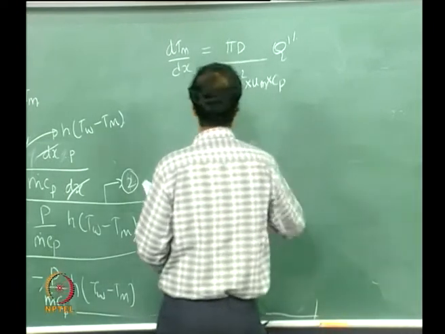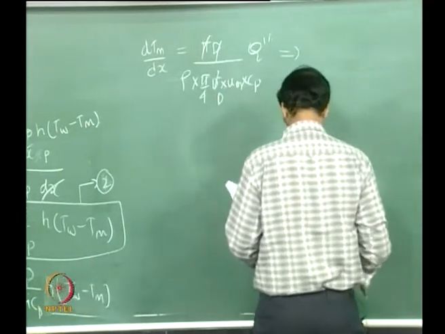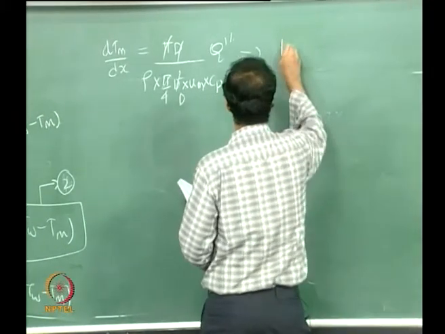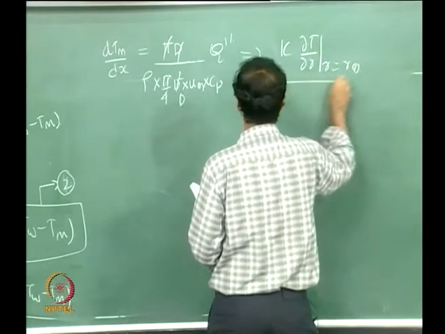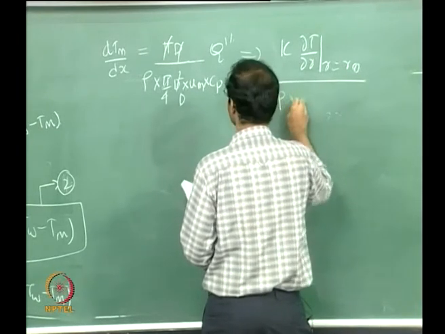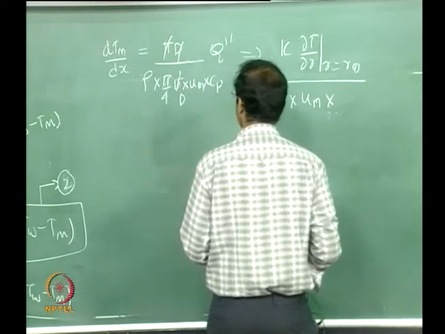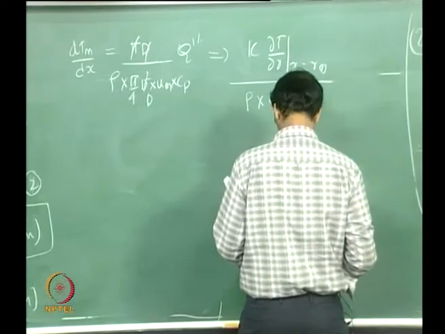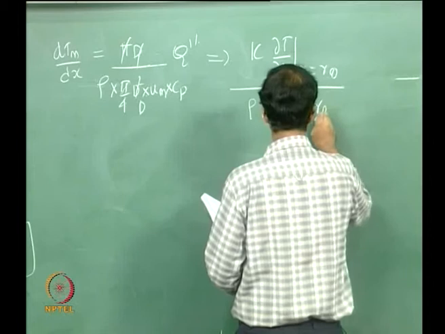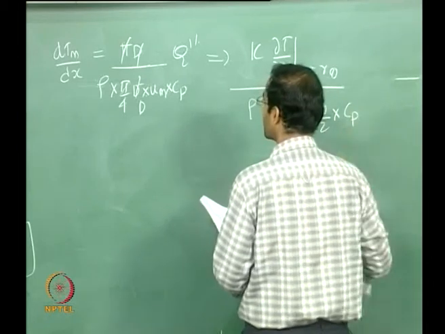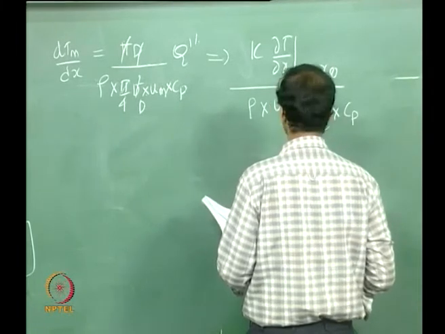So pi cancels here, d cancels, so this will give me your q double prime, which will be k dT by dr at r equal to r naught. This will be divided by rho into um into d, which will be r naught by 2, into Cp. So this will be 2 r naught, yes, that is correct.